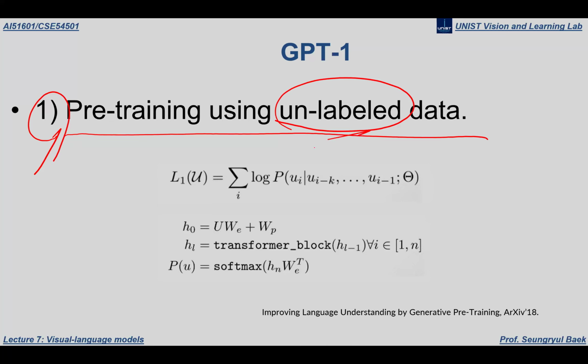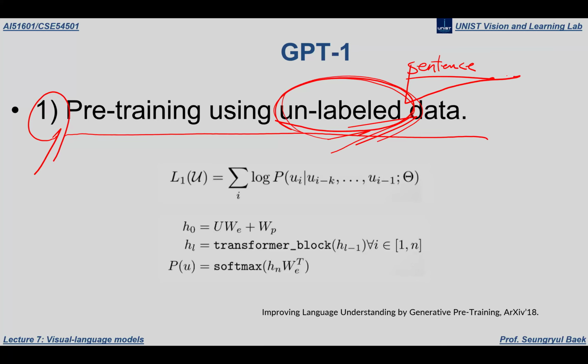So using labels and doing supervised learning can limit the number of data sets we can use. So in GPT-1, they wanted to remove such a limitation and use unlabeled data, unlabeled sentence data, actually.